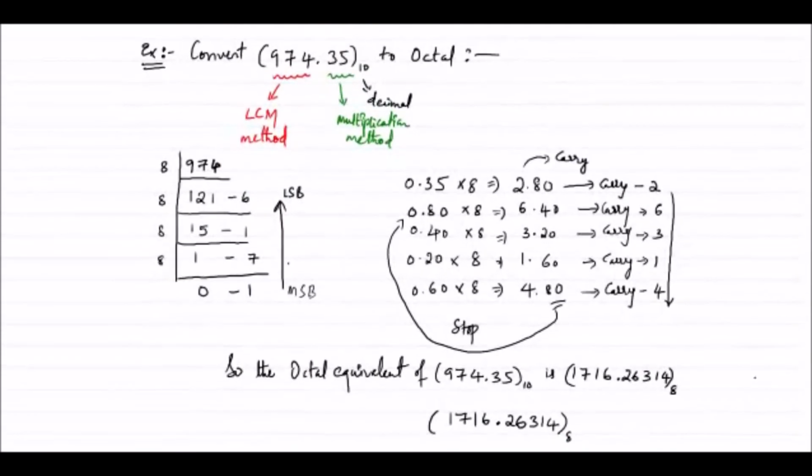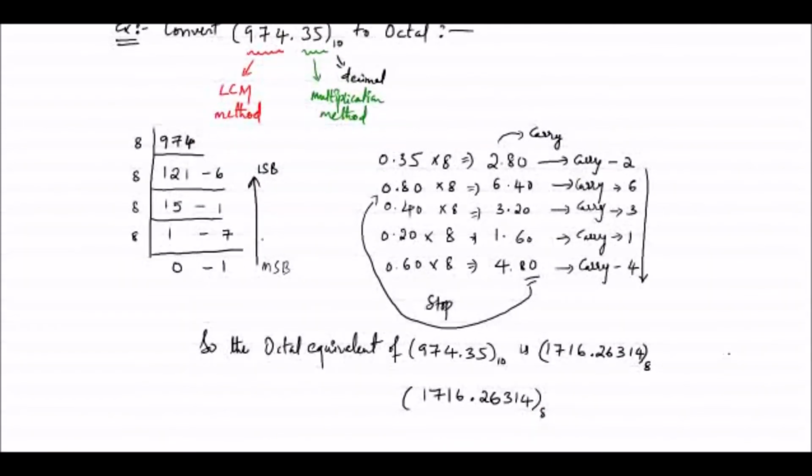Okay, so I am doing another example, which is 974.35. We need to follow the same process as in the previous example. Before the decimal point I need to follow the division method.